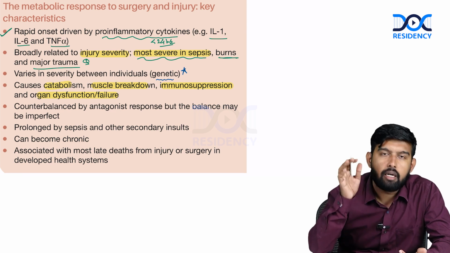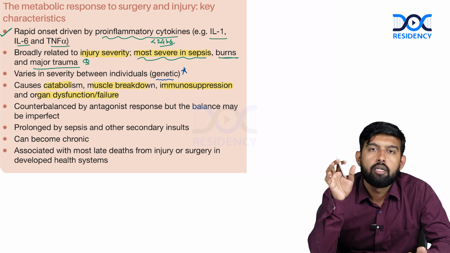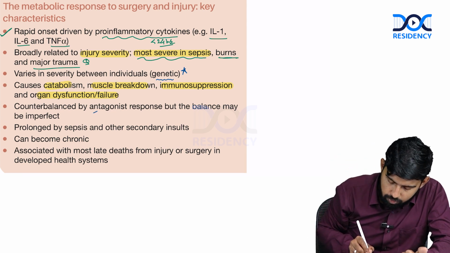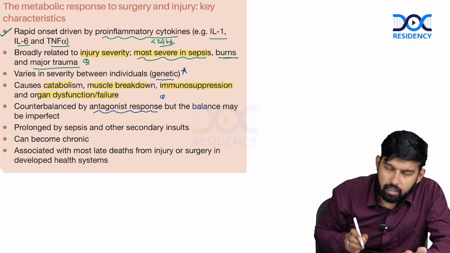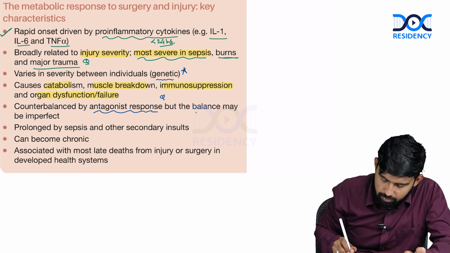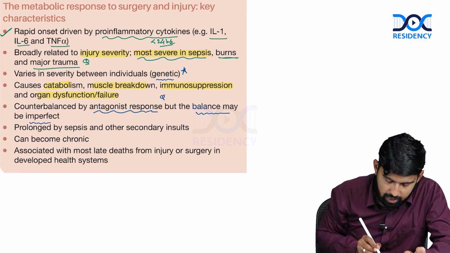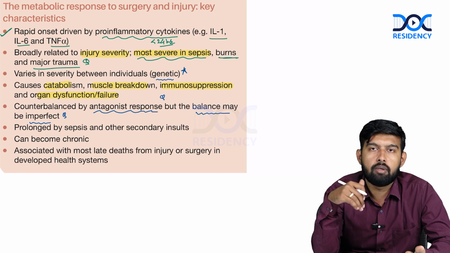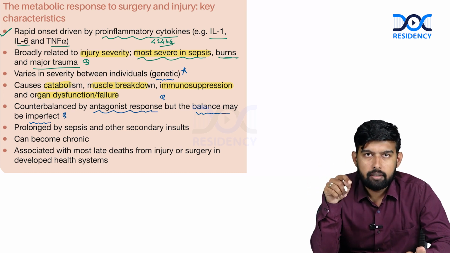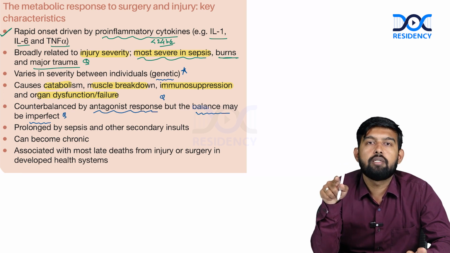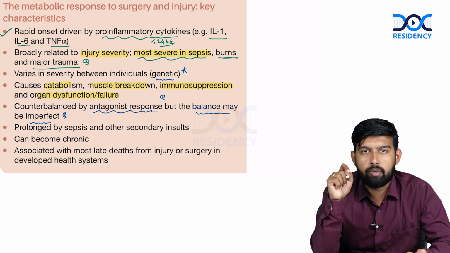And this metabolic response is counterbalanced by the antagonist response of the anti-inflammatory cytokines, but the balance may be imperfect. Sometimes the effect of pro-inflammatory cytokines will be more than the anti-inflammatory cytokines, or sometimes the anti-inflammatory response is more than the pro-inflammatory cytokines.